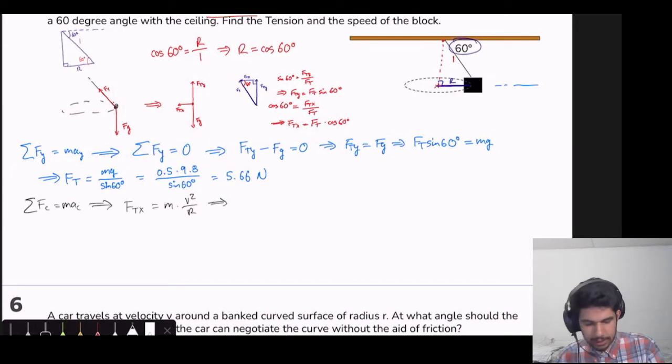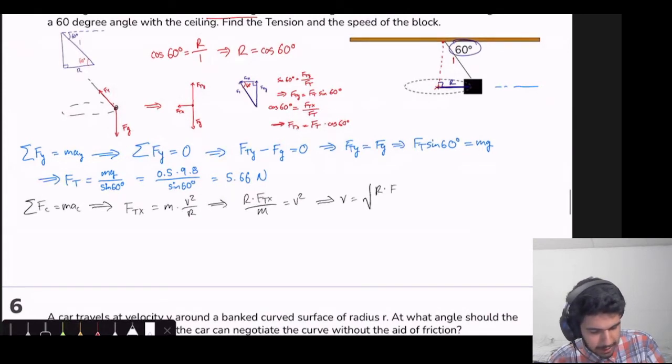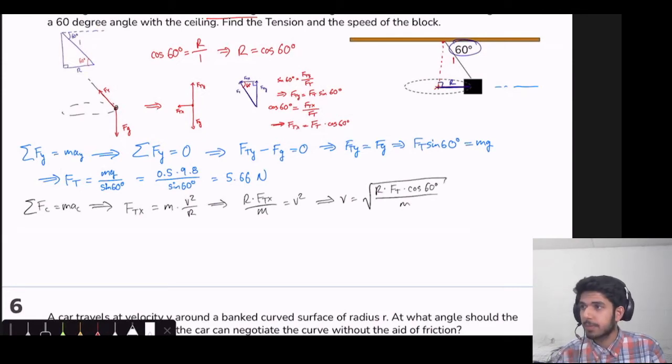This gives us that r times Ftx over m equals v squared. And then v is the square root of that quantity, but we know that Ftx is equal to Ft times cosine of 60 degrees, all of this over m, right? And we have all of these quantities.